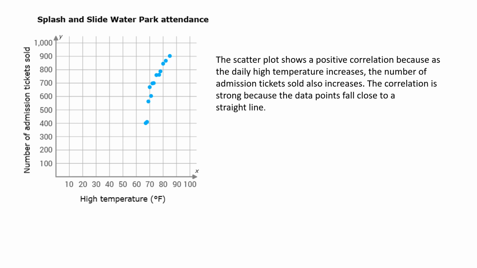So this is how you're supposed to write it: as something increases, another increases, which is a variable. So you can't say X and Y increase. You no longer can say that when given a real life situation. So this is how you explain that.